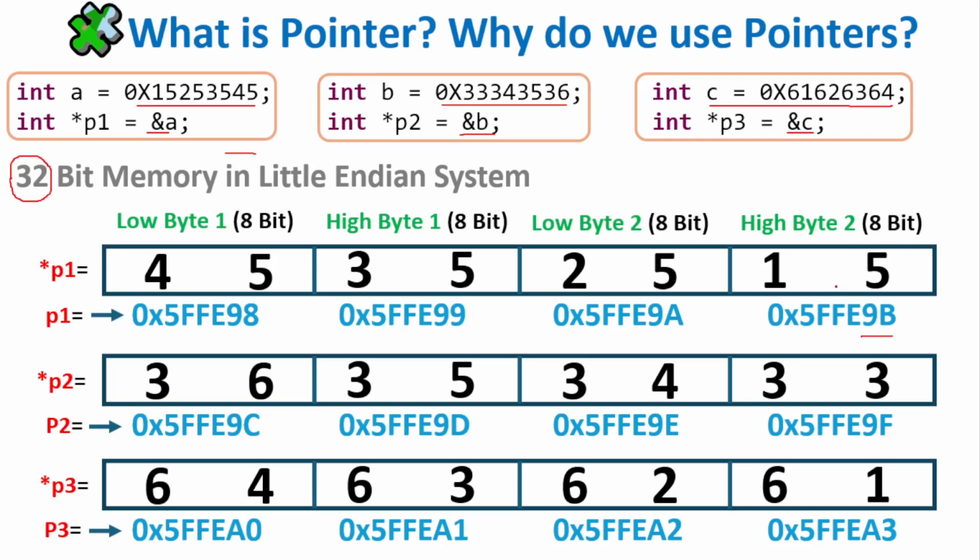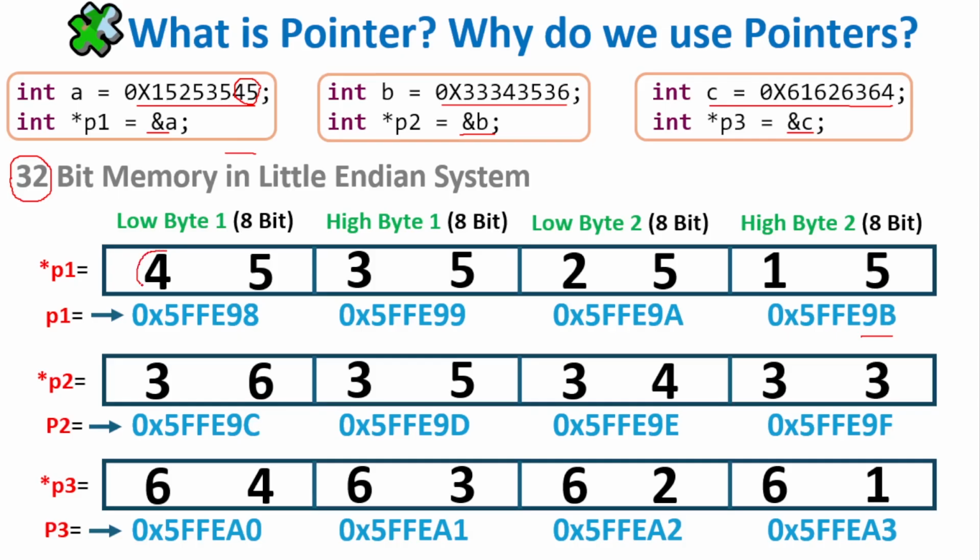Therefore, even though we write a number like 15, 25, 35, 45 in this order, in memory its bytes are arranged from left to right, starting with the least significant byte, 45.